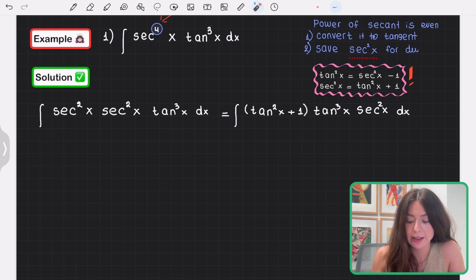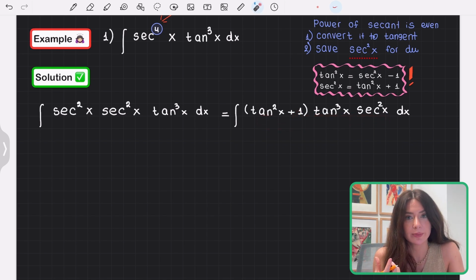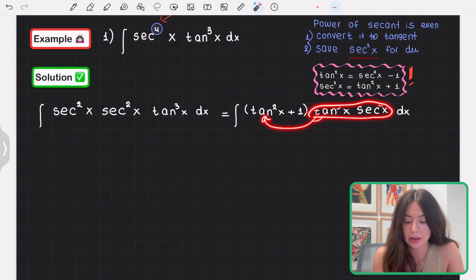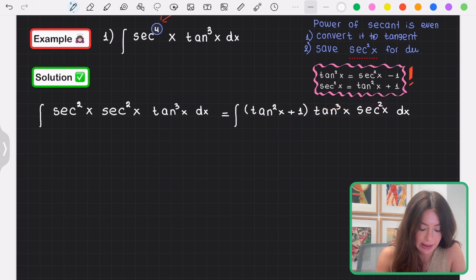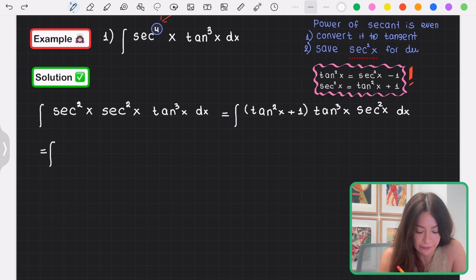dx. Now you're going to multiply through. So you're going to have 2 terms being added, right? Because when you multiply this out, you'll have 2 terms being added. Therefore, you can have 2 separate integrals, because anytime you have a sum inside of the integral, you can take integrals of the sum.